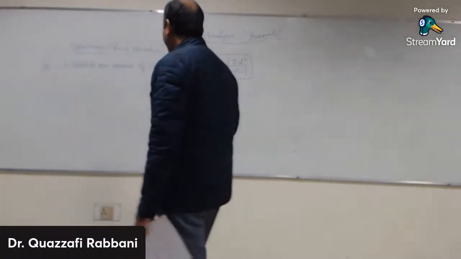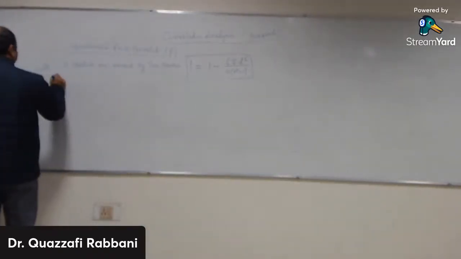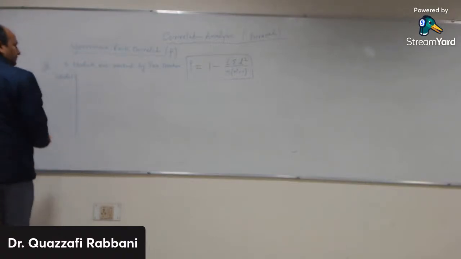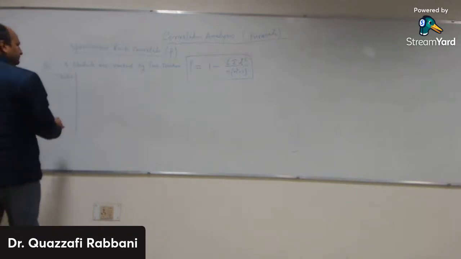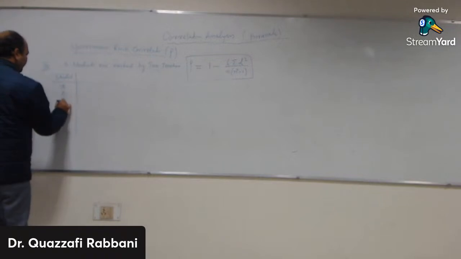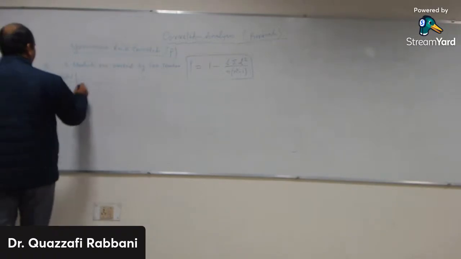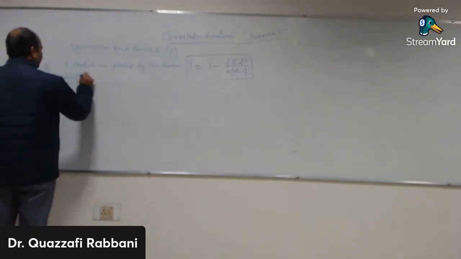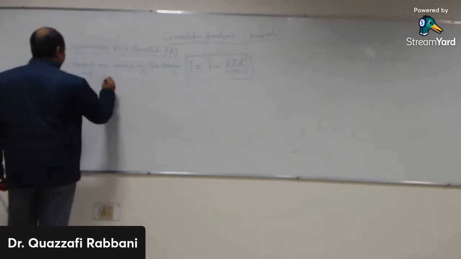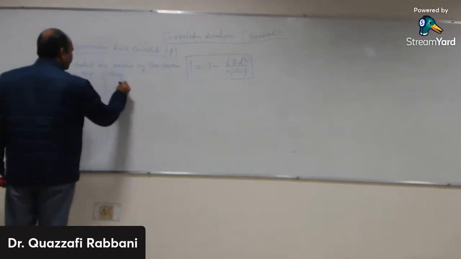Five students A, B, C, D, and E are ranked by teacher 1, and the same students are ranked by teacher 2.